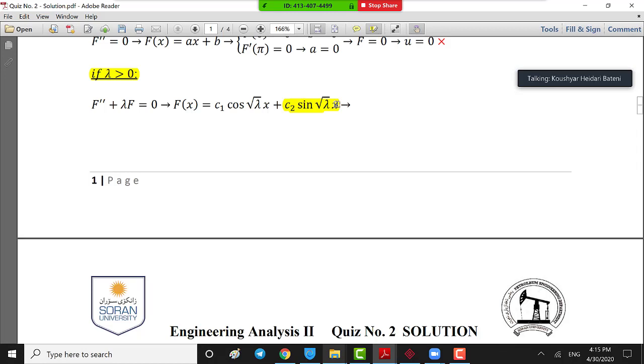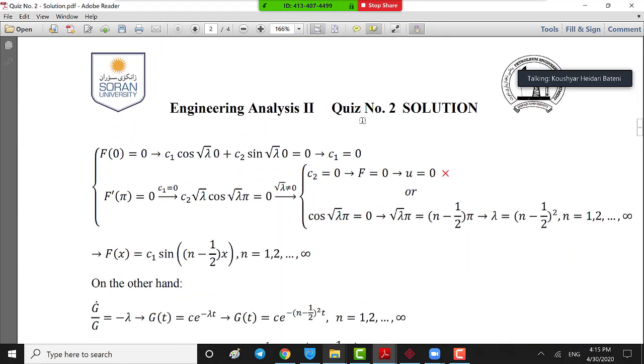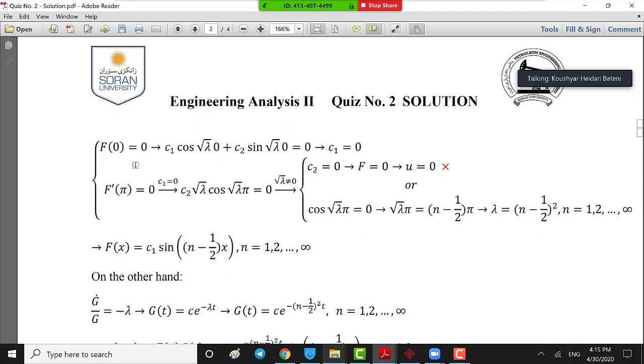Now, f prime is equal to what? c2 square root of lambda cosine of a square root of lambda x, right? And we put in pi instead of x, and we reach to this.